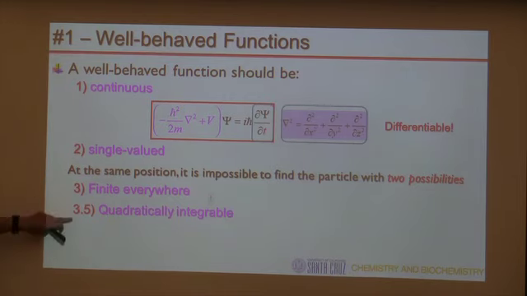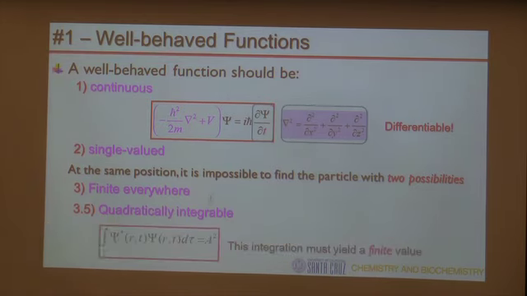This is directly derived from here. It simply means that when you do the normalization or the evaluation of the probability, this integral should be valid. If it's not finite, it cannot give you a finite number.